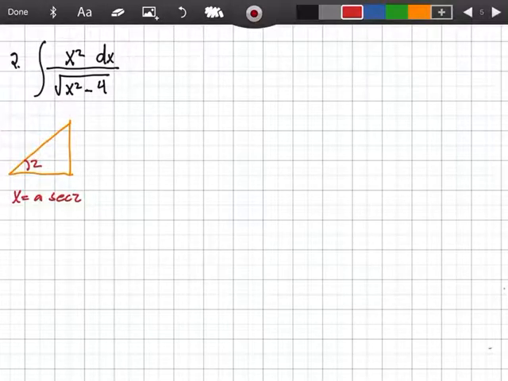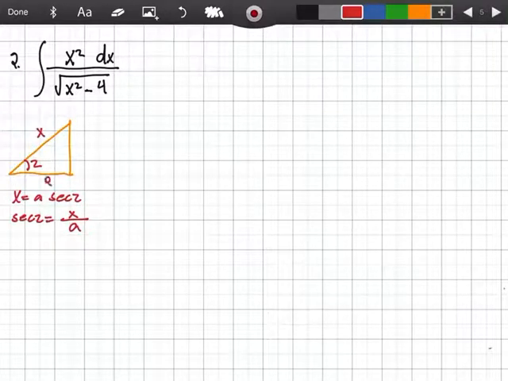And secant is the opposite of cosine. So, if cosine is equal to adjacent over hypotenuse, meaning secant z is equal to hypotenuse over adjacent. So, ito ay x and then ang a natin is 2. That means this will be x squared minus 2 squared, that is 4.